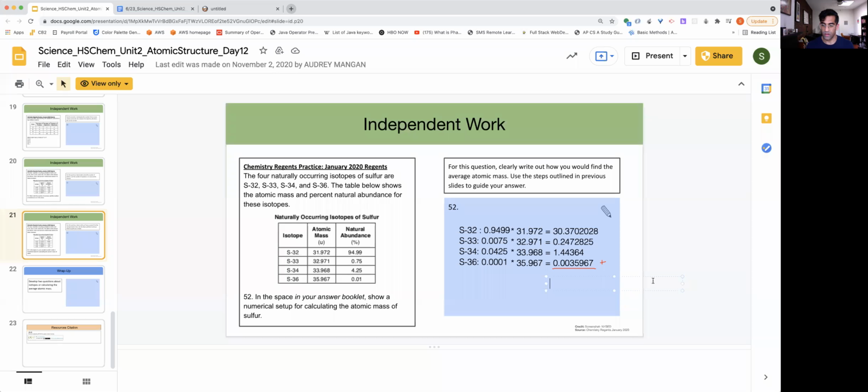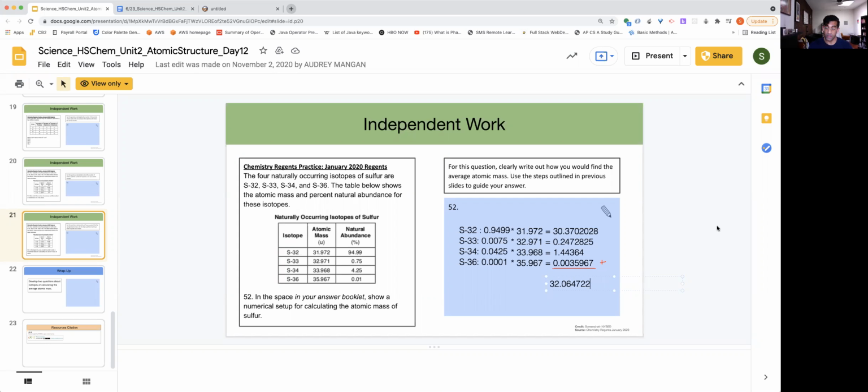I'm going to write it right below here, 32.064722. All right. Now, how can I tell that I got an accurate answer? Well, we know if almost 95% of this sample is made out of sulfur 32, then I should have an answer that is close to 32 AMUs. And I do, it's just slightly above it.